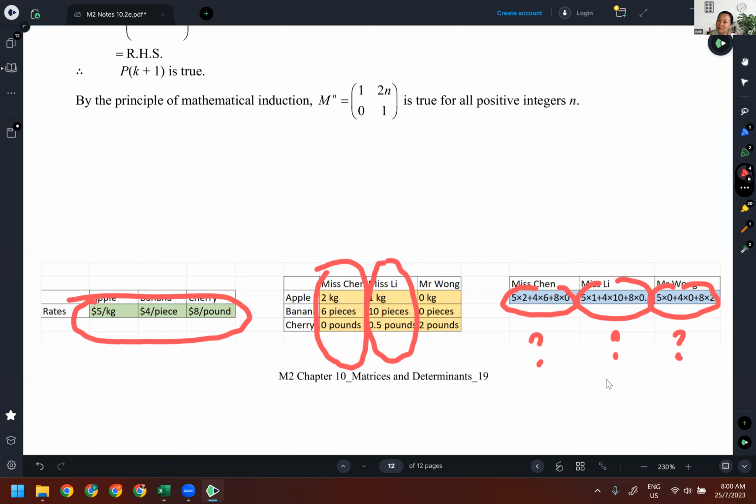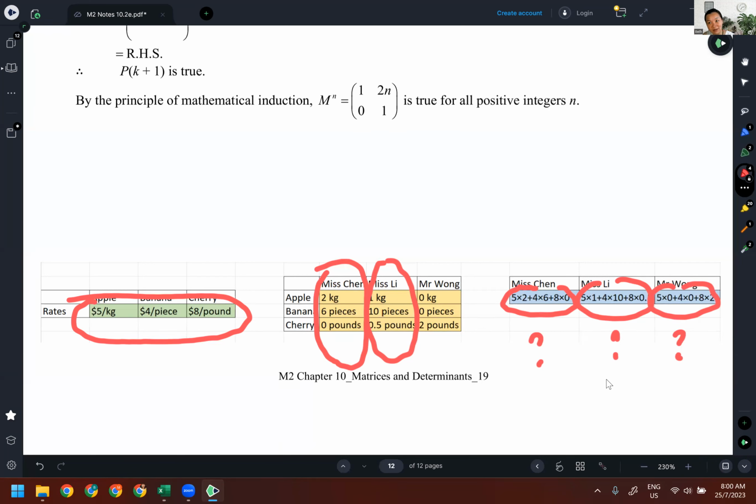Now, from this example, I hope you know that, bear in your mind that the multiplication of matrix does not come from our imagination. It really comes from real life. In real life, we do this multiplication all the time. That's why this multiplication is invented in matrix, and it has a lot of applications.